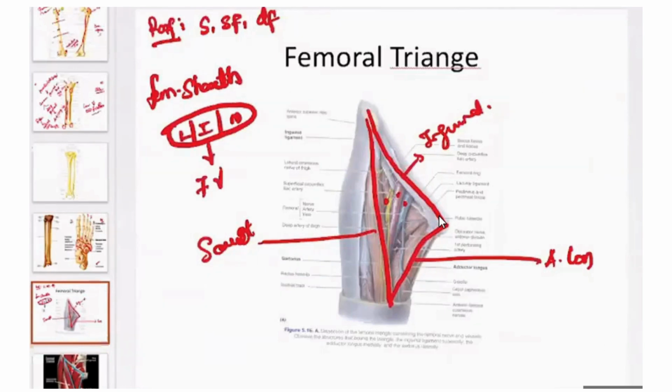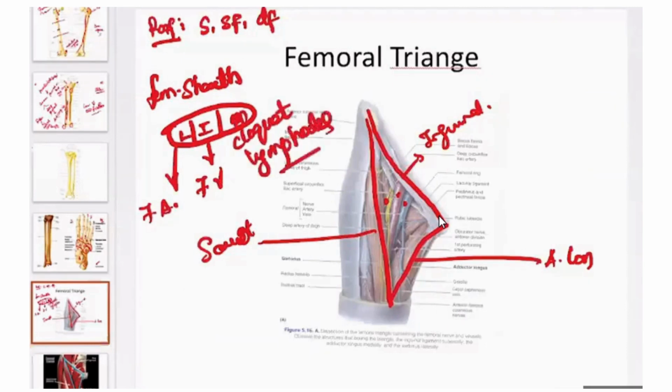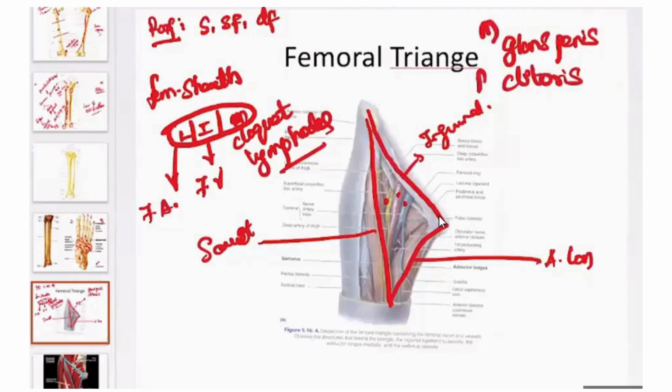Lateral compartment contains femoral artery. The medial compartment contains the Cloquet group of lymph nodes, which drains the glans penis in male and clitoris in female. This is on the medial-most compartment of the femoral sheath.